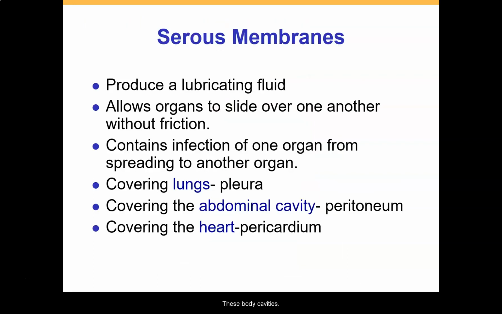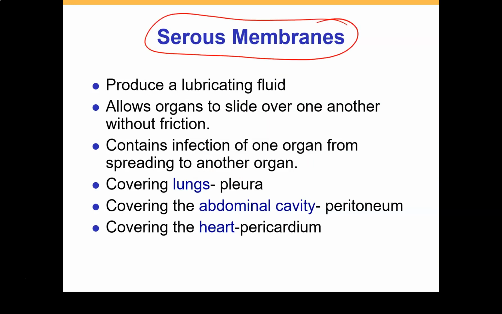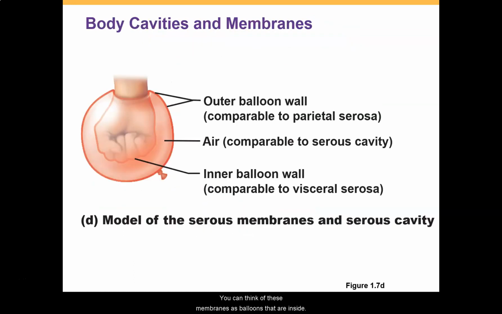These body cavities are lined with membranes known as serous membranes. You can think of these membranes as balloons that are inside, which line, meaning the inside cover. Cover refers to outside, but the inside membrane.